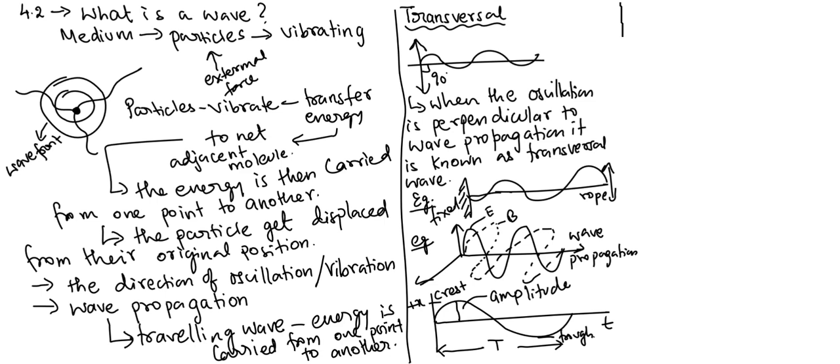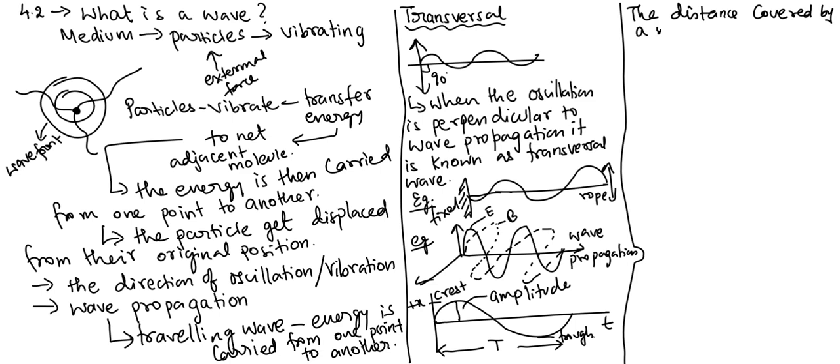And after this we are going to understand what is the speed of this wave. The distance covered by a wave in the time t, which is the time period, is known as wavelength, and is represented by the symbol lambda.